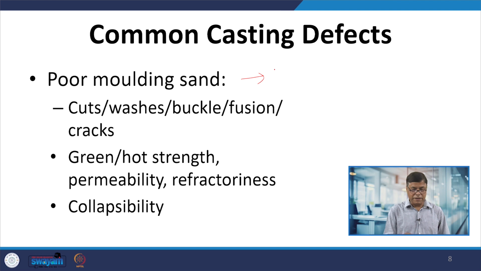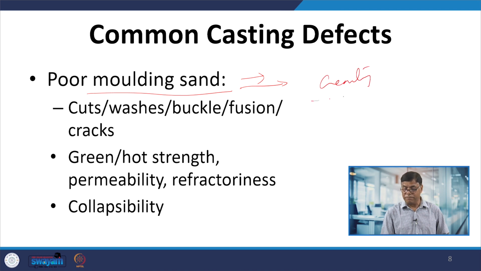Because our molding sand is poor, if it does not have the desired set of properties, then it will be changing the geometry of the mold itself, due to the high temperature or the pressure of the molten metal being experienced by the mold during the casting, that is one.